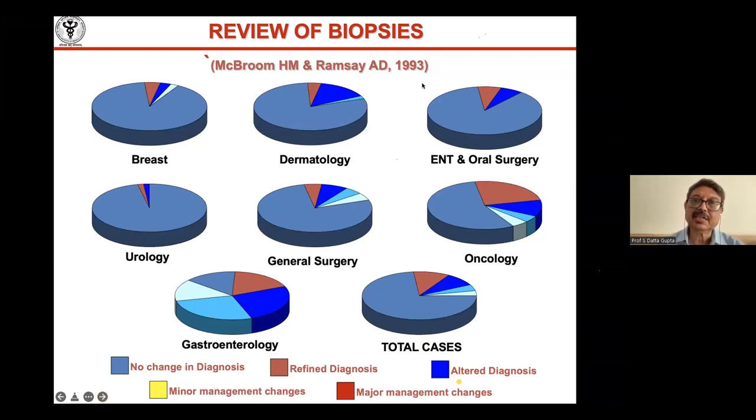You know, this study was done in 93, but it's true even today. Supposing you take a biopsy, you have a report, and then you sit with your pathology. You have a clinical pathological conference, and these are breast, dermatology, ENT, oral, general surgery, oncology. The maximum changes in the diagnosis happened with gastroenterology.